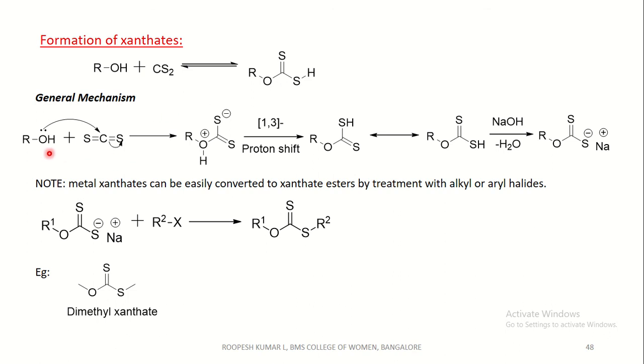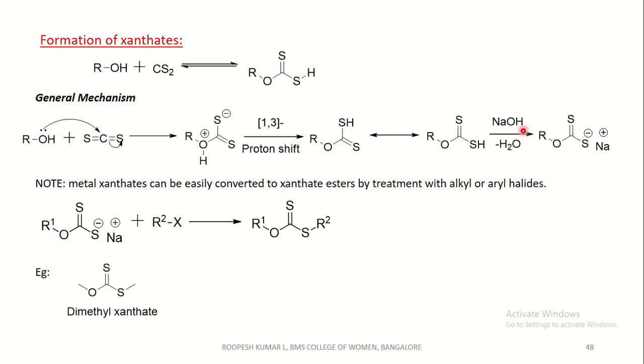Coming to the general mechanism, the alcohol reacts with carbon disulfide to form the corresponding dithiocarbonate. On a 1,3 proton shift, this negative charge on sulfur takes a proton which neutralizes the positive charge on oxygen to form the xanthic acid. This on tautomerization, the lone pair on sulfur shifts here and this double bond takes the proton to give this one.